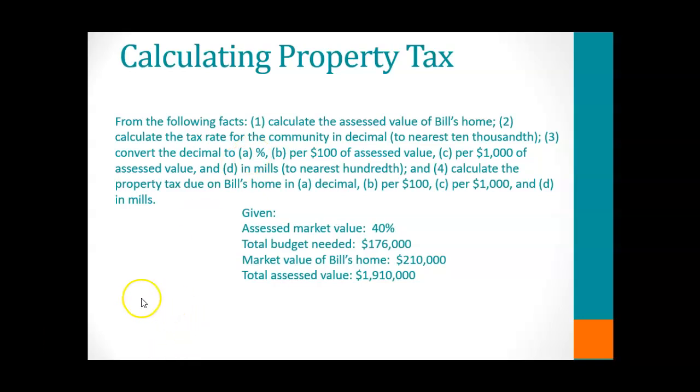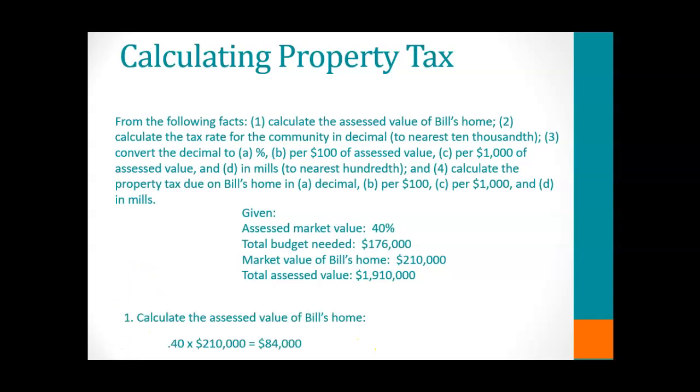This county has a total budget needed of $176,000. The property in this community have a total assessed value of $1,910,000. We need to figure out what would be the assessed value of Bill's home and calculate the tax rate for the community. Let's do those first two items.